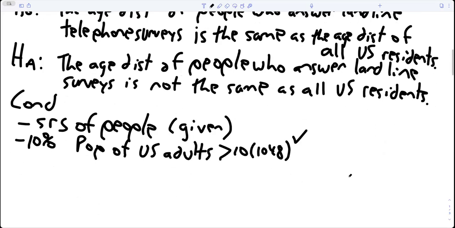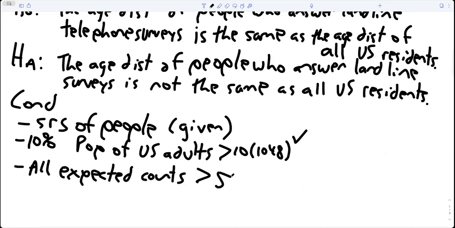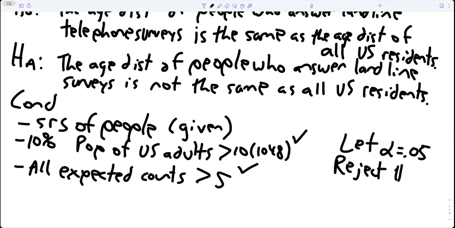Then all expected counts must be greater than 5, and that is also true in this case. Make sure you do your decision rule. We're going to let alpha equal 0.05, and reject H naught because my p-value is less than alpha. My degrees of freedom in this case is going to be 4 because there are 5 different categories.